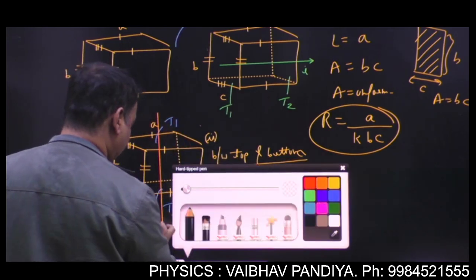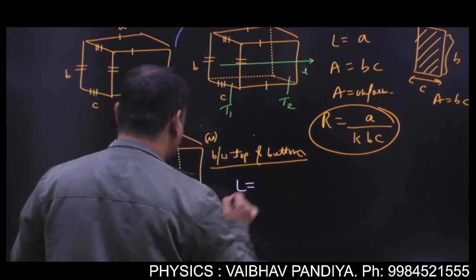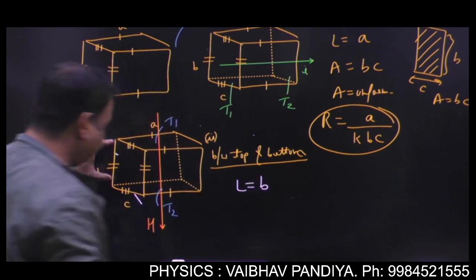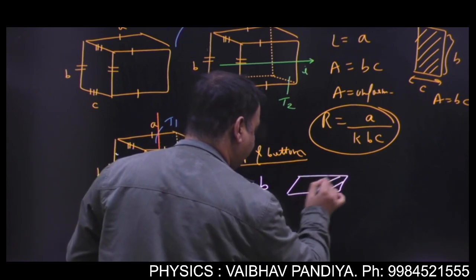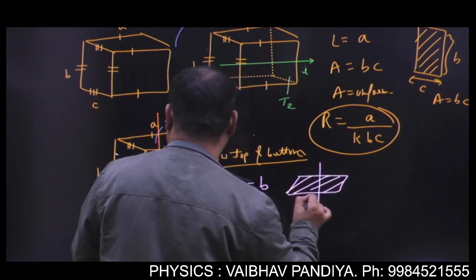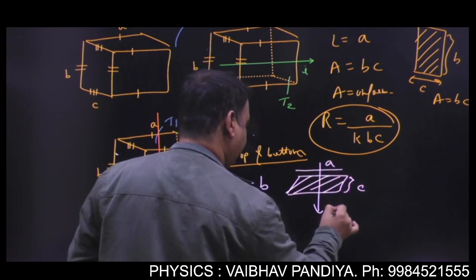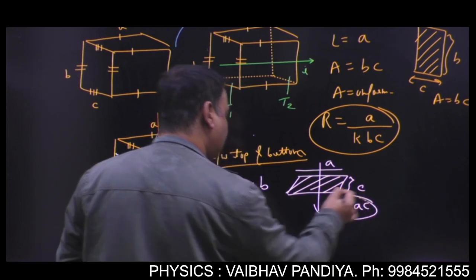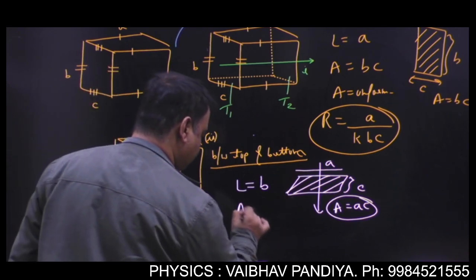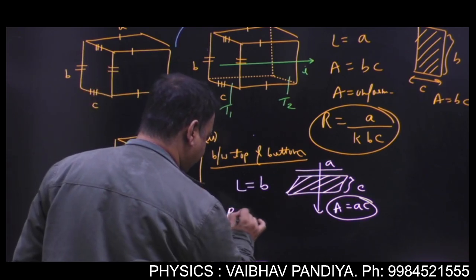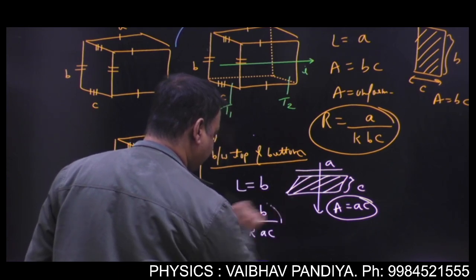What is the length covered by the heat? That is B, this much length. What is the area? The area penetrated by heat has a length A and breadth C, so area will come to be AC. Is the area uniform? Yes. So since area is uniform, you can apply resistance as length divided by conductivity into area. So this is the formula.